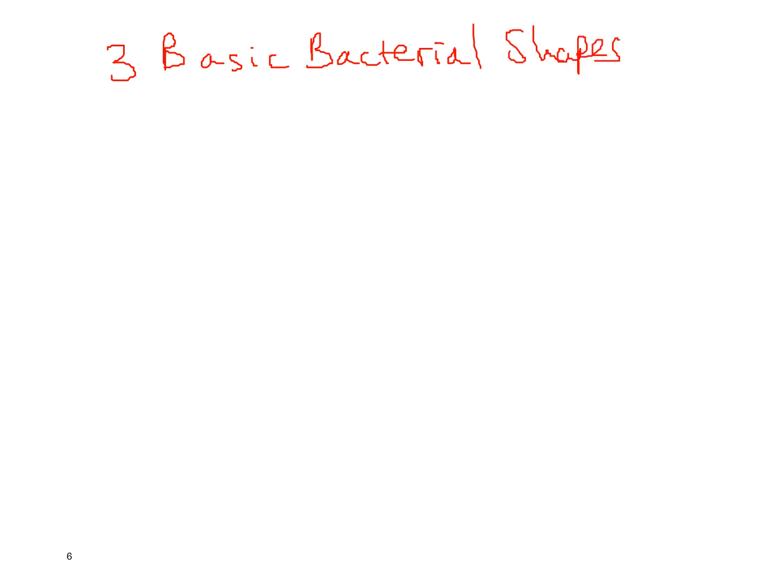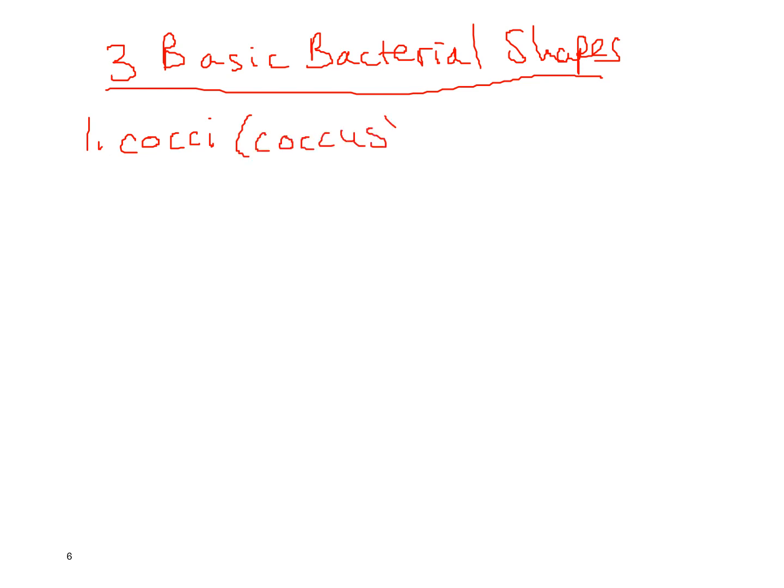Okay, next we're going to take a look at the bacterial shapes, and there are three basic bacterial shapes that are really important to know. So the first one is cocci, which is plural, and the singular would be coccus.